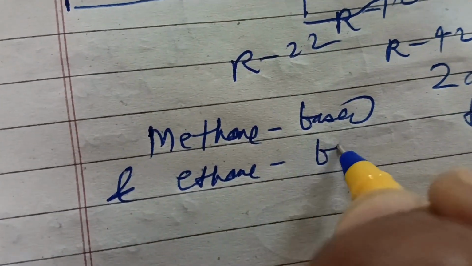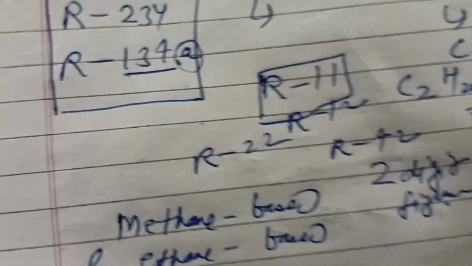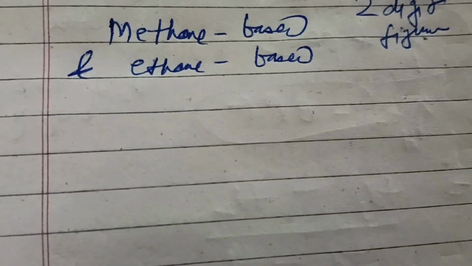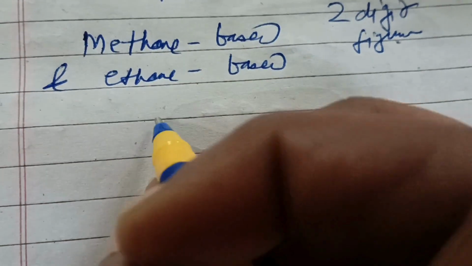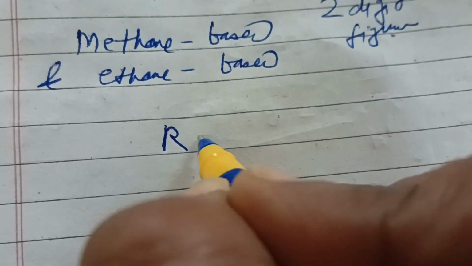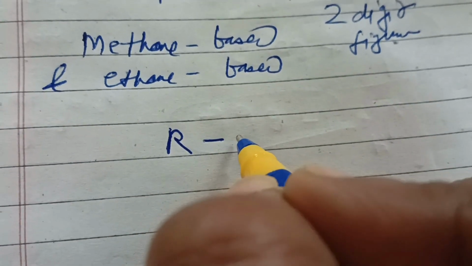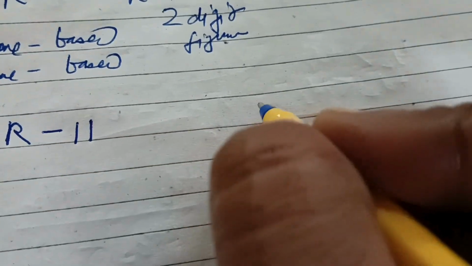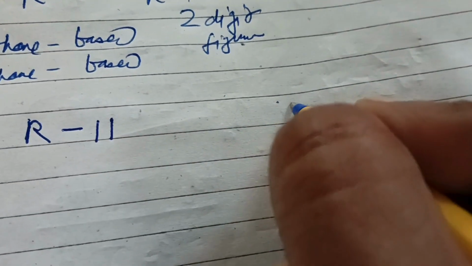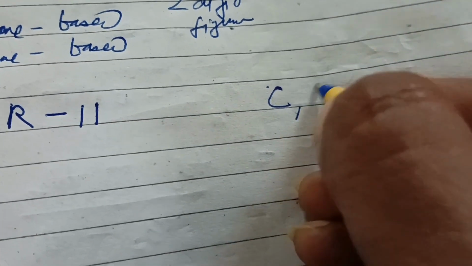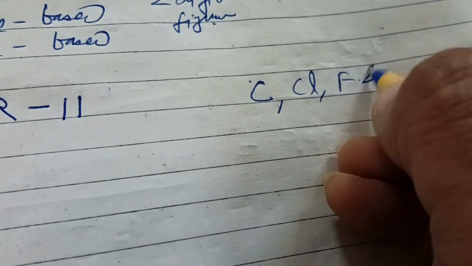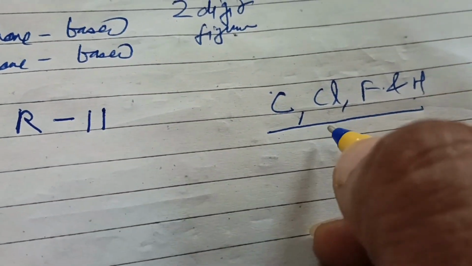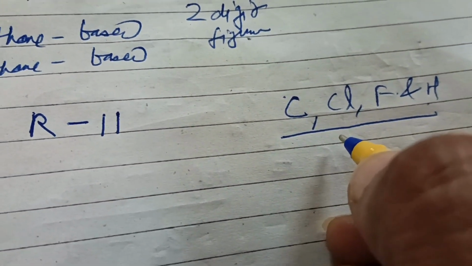So here we are trying to understand how to find the formula for ethane-based refrigerants. Let me quickly recall how we calculated the formula for methane-based refrigerants. Suppose R11 was there. You have to decide between carbon, chlorine, fluorine and hydrogen atoms. Similar is the approach with ethane-based refrigerants.